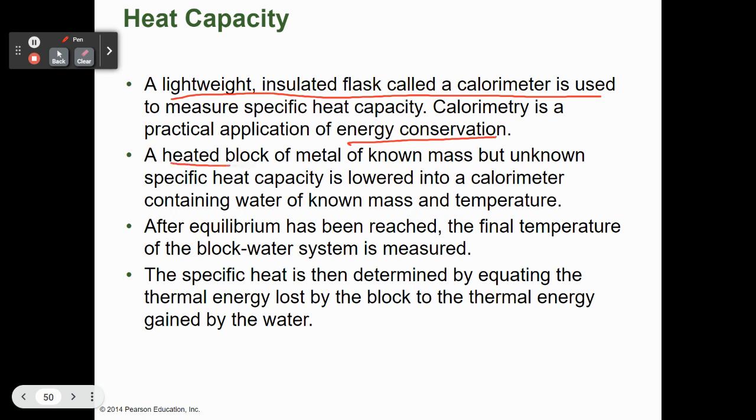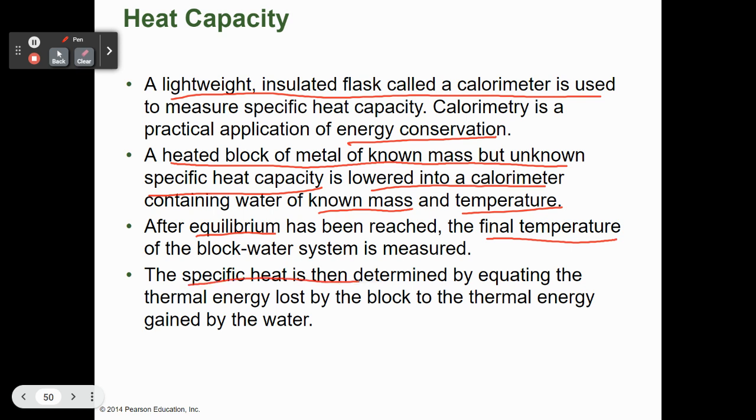So if we have a heated block of a metal that we know the mass of, but we don't know its specific heat, all we have to do is put it in the calorimeter that contains water with a certain mass and temperature. After equilibrium has been reached, where both things are the same temperature, we can look at the final temperature of the metal and use that to determine the specific heat. And we'll actually be doing that experiment in this chapter.